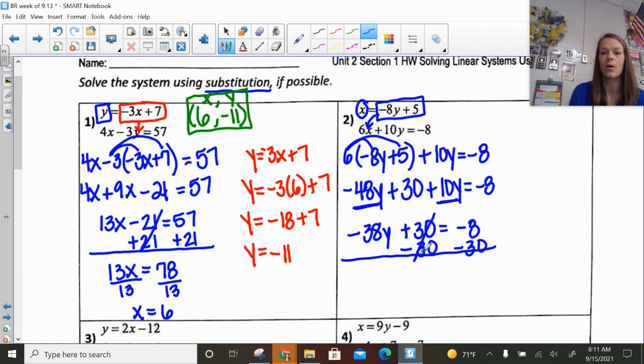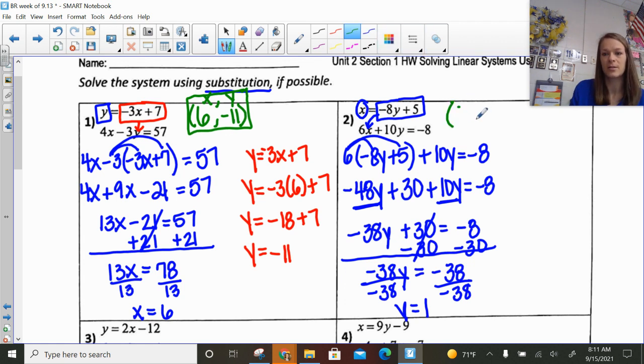I'm going to continue solving this for y. So negative 38y equals negative 8 minus 30, which is negative 38. Divide by negative 38. Negative 38 divided by negative 38 is a positive 1. So the second part of my solution is 1, because that is my y value.